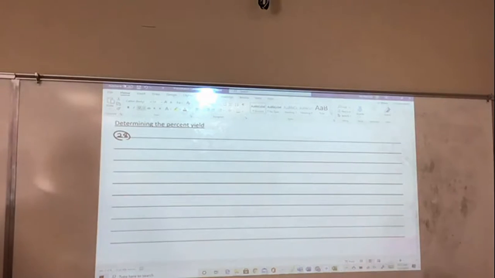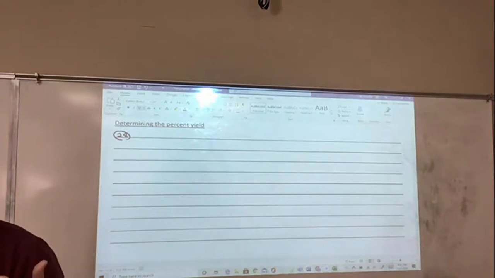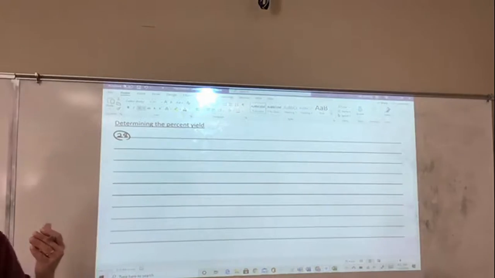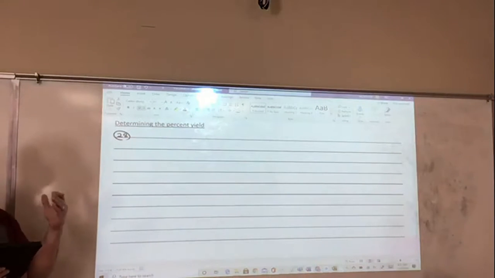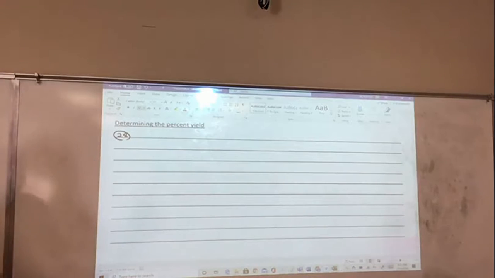If I were to say the percent yield based on the number of moles, right? The percent yield is an amount of particles. The number of moles is an amount of particles. So the percent yield based on the amount of particles should work out to be the same as the percent yield based on the number of grams. Working the number of grams is a lot easier, though. So we're going to do that.